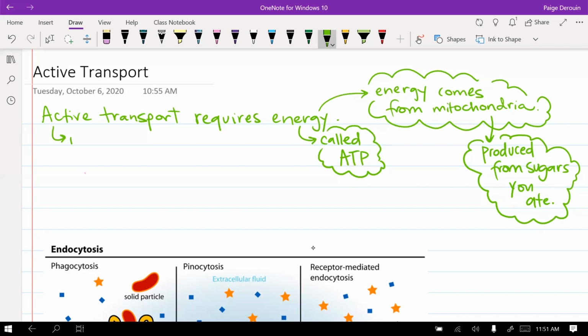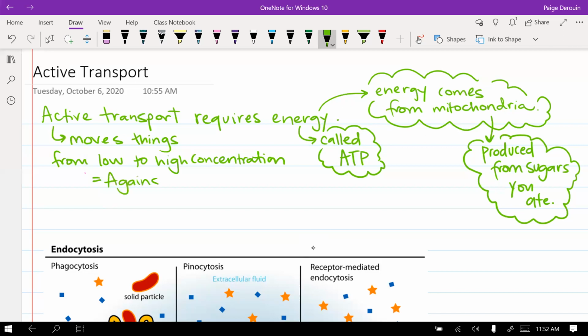So this moves things from low to high concentration, which we call against the gradient.